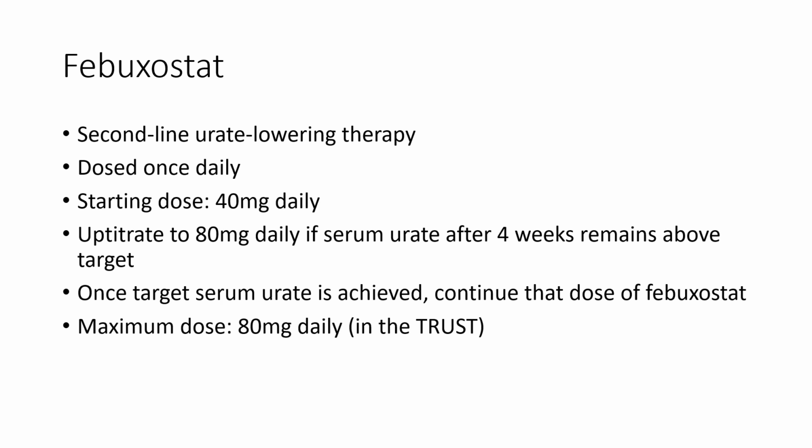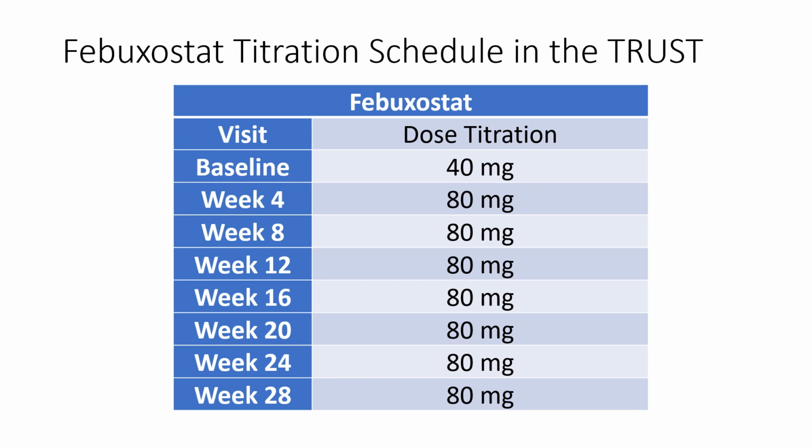If the target serum urate is achieved, continue that dose, same as the allopurinol dosing strategy. The maximum dose allowed in the TRUST will be 80 milligrams daily. The febuxostat dose titration schedule is displayed in this table. Simpler than the allopurinol dosing, as it involves just one-time increase until it reaches its max dose allowed.